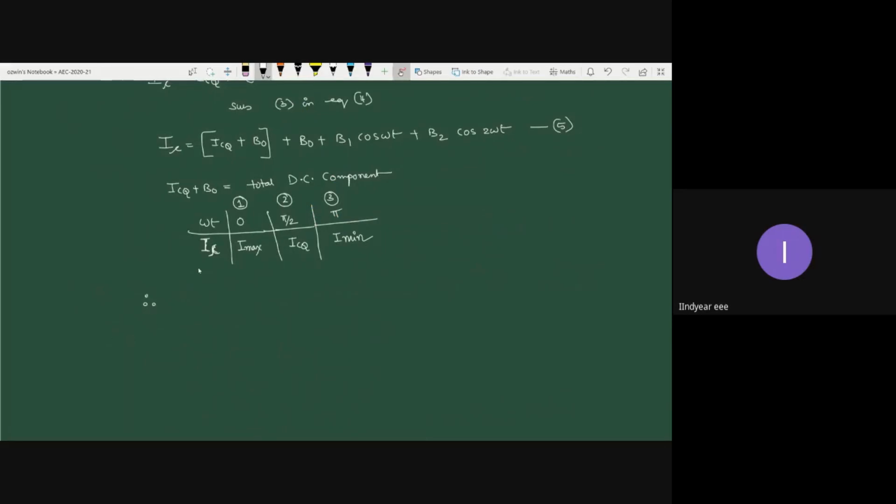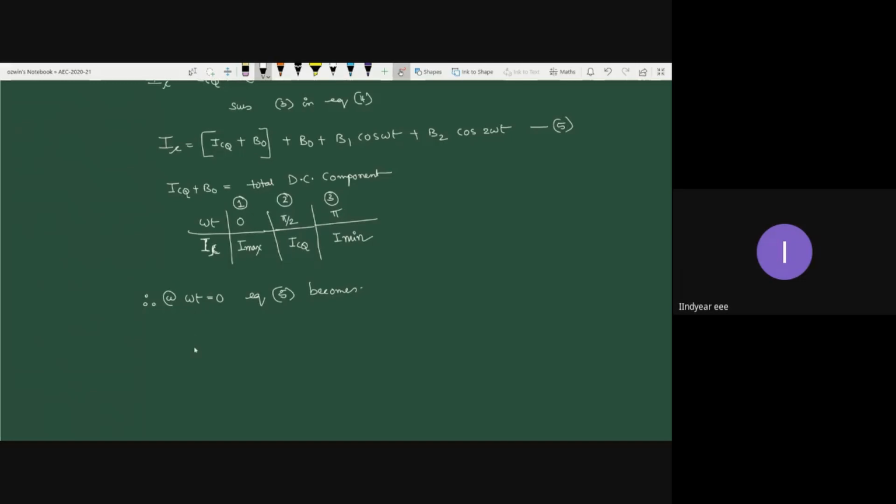Therefore, you can start substituting these point values one by one. Let us substitute first at omega t equal to 0. Equation 5 becomes, when you substitute omega t equal to 0 in equation 5, what is the value of IC at omega t equal to 0? IC value is I max.